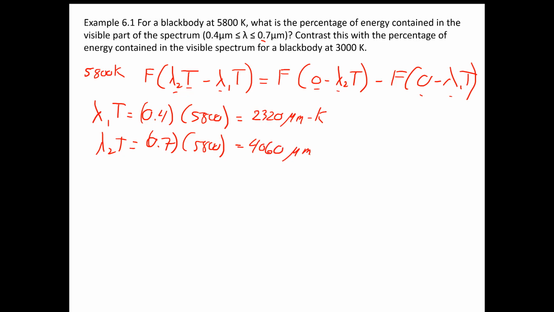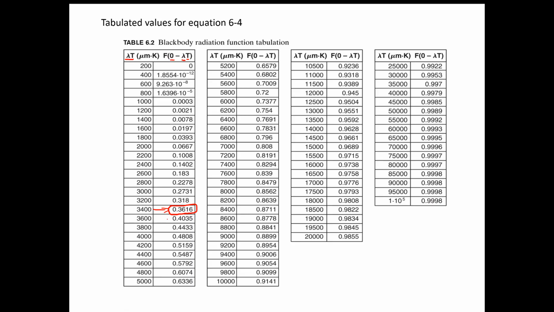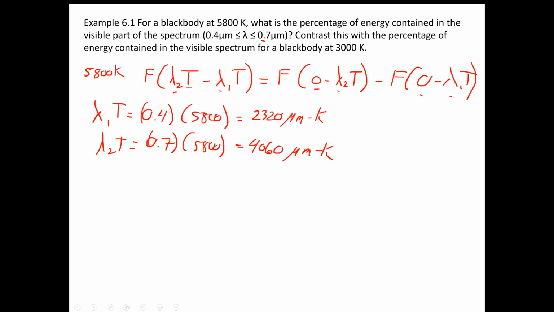That is 4,060 micrometers Kelvin. If you go back to the chart, 2,320 would land you somewhere between 0.1008 and 0.1402. If you interpolate, the fraction of thermal energy would be about 12%.